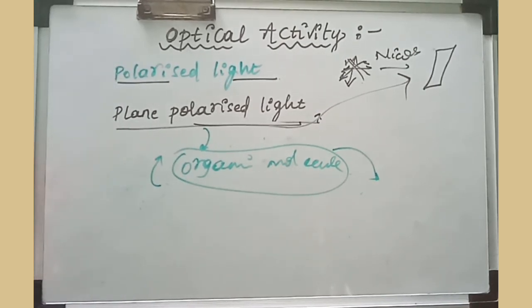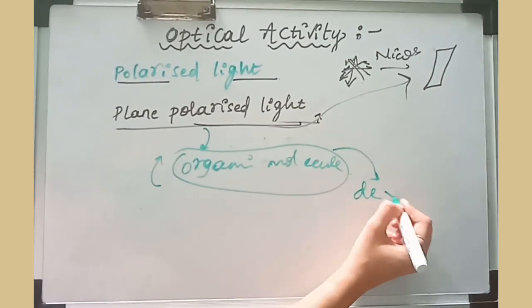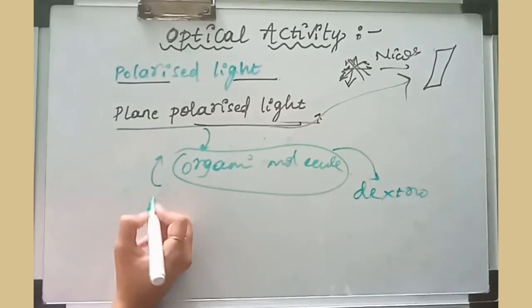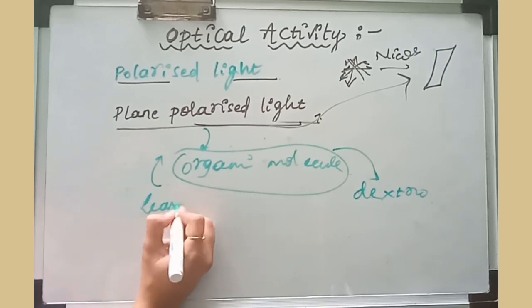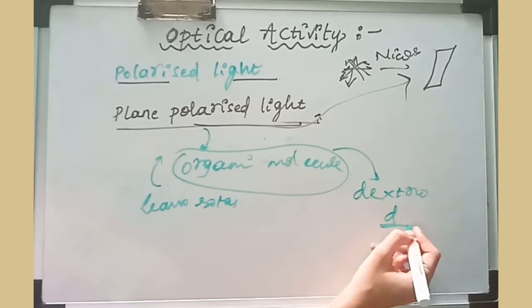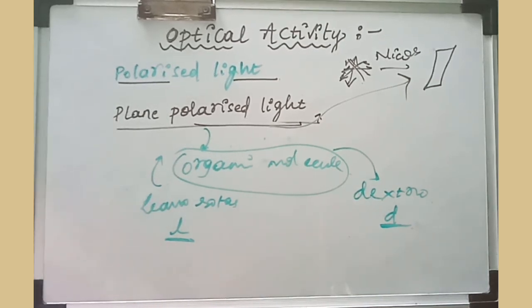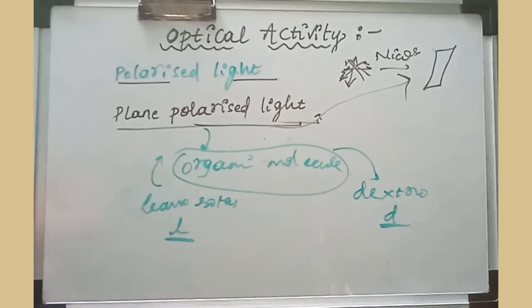This is called optical activity. Substances may rotate it clockwise or anti-clockwise. If it is in a clockwise direction, then it is called dextrorotatory. If it is in an anti-clockwise direction, then it is called levorotatory. That is represented by the letter D, and this is represented by the letter L. You have to remember this. They may ask you for 1 mark what is dextrorotatory, what is levorotatory, and what is meant by optical activity.